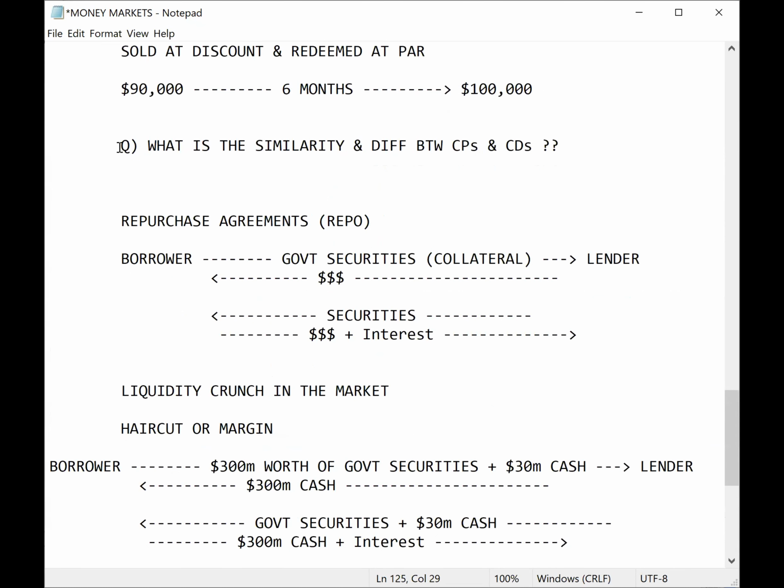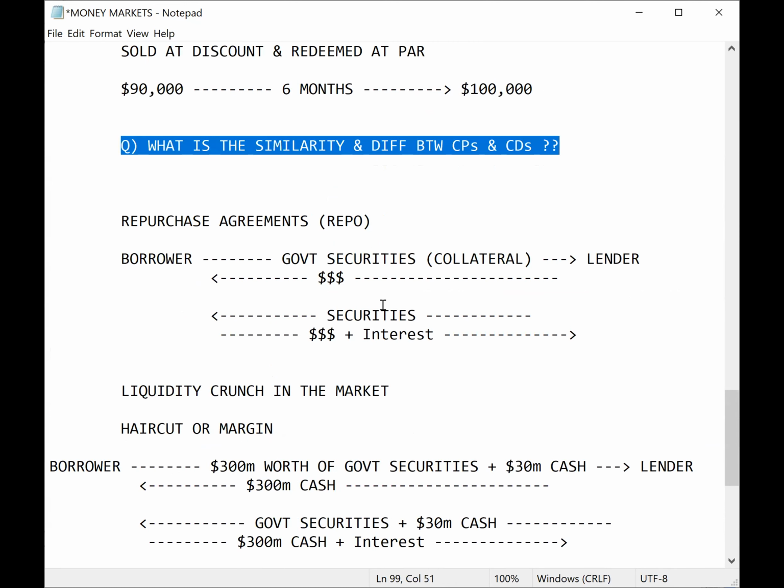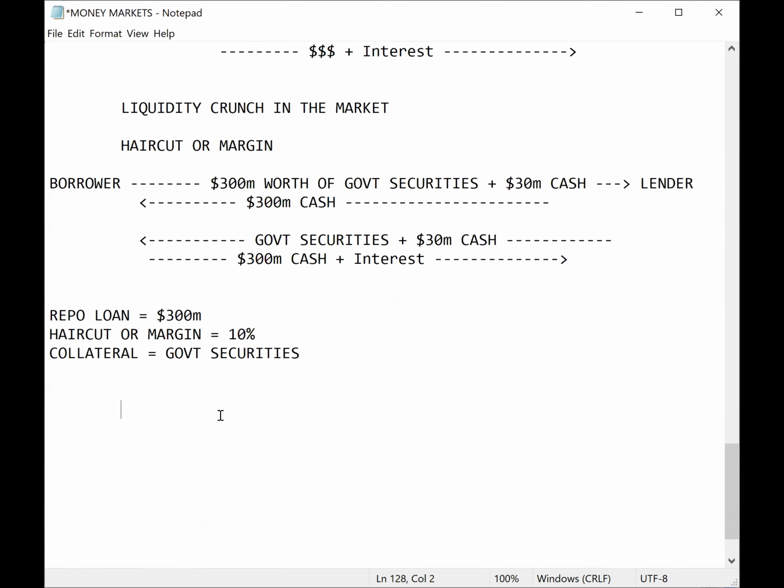Okay, guys, like I asked you this, can you tell me this? So there is no margin in repurchase agreement.